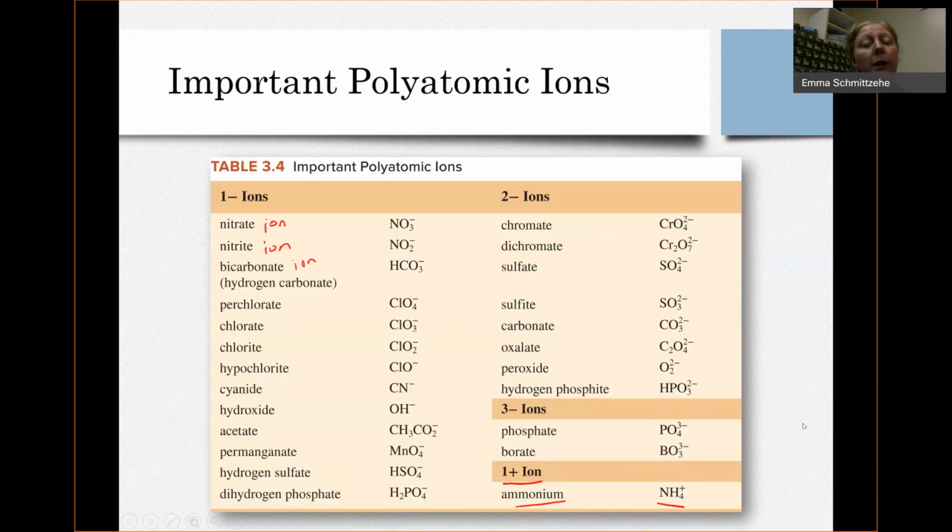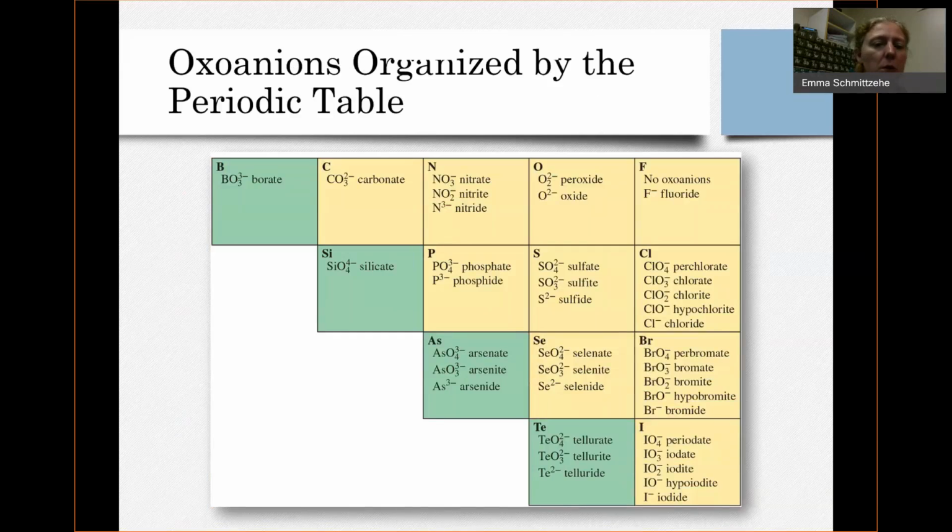Now, like I said, there's lots of resources, and I wanted to show you one other variation of how you can organize this information to be useful to you. This resource lays out a bunch of polyatomic ions. It organizes them like the periodic table.